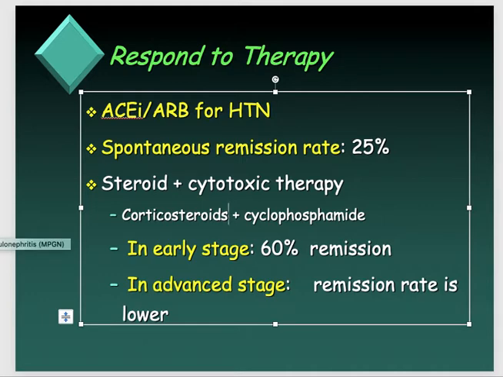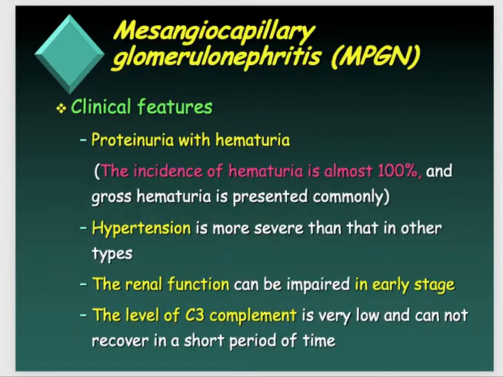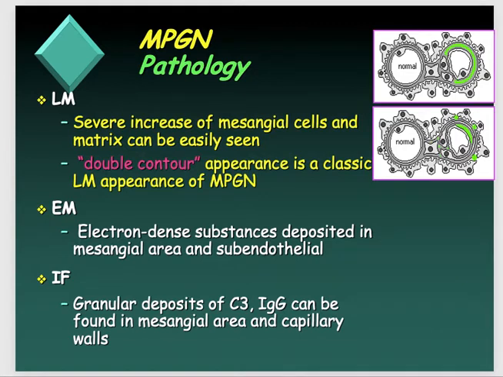Okay, so there is mesangiocapillary glomerulonephritis as well, MPGN. What's going on in this one is there is C3 deposit and IgG deposit.